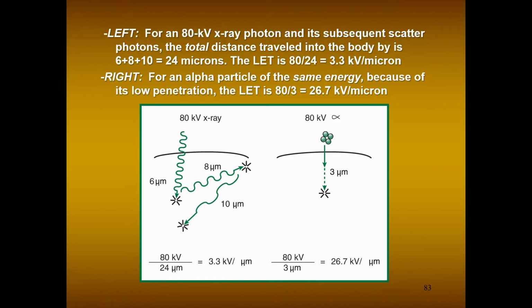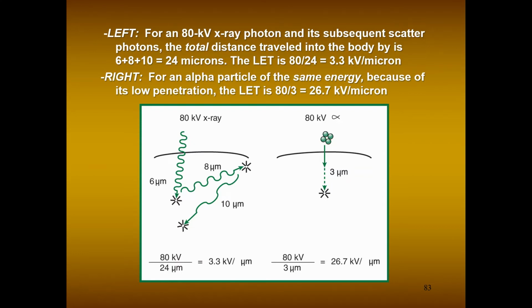So the example given, so that we can put a graphic to this, is to look at two incident particles on the skin and two different types of radiation. You have on the left an 80 kilovolt X-ray photon, and on the right an 80 kilovolt alpha particle.